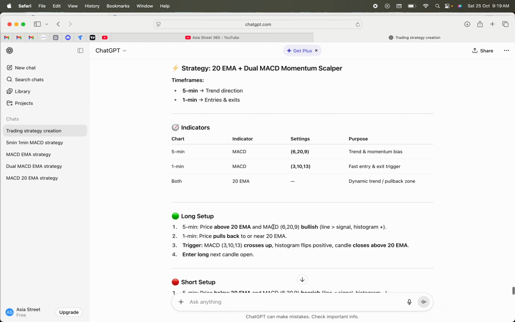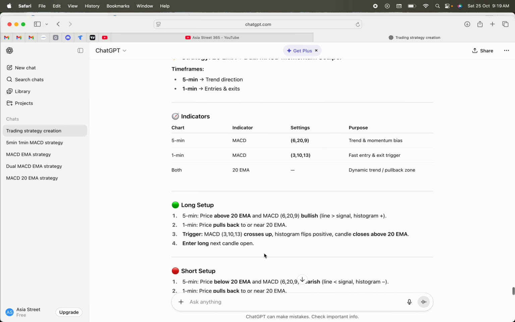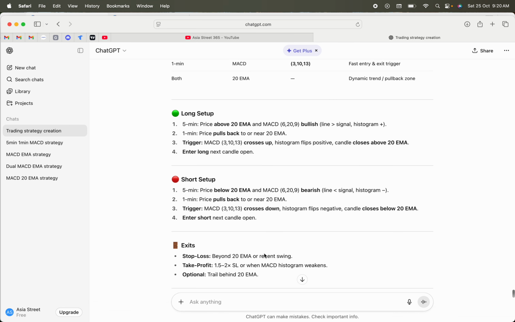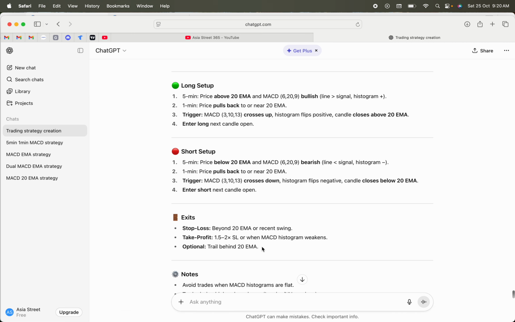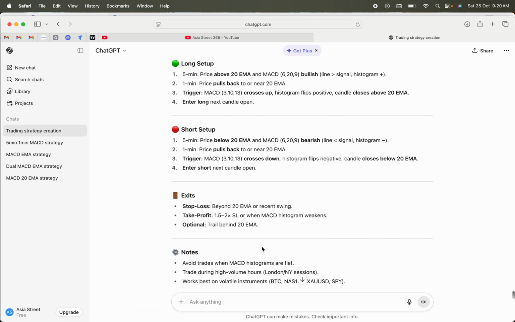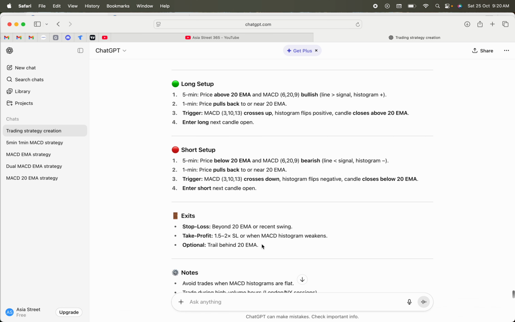So if you do have a concept, go into ChatGPT and just tell it what you're doing, and it will come up with something like this. It's very interesting to see how it puts it together. I've never really consulted ChatGPT in this way before.